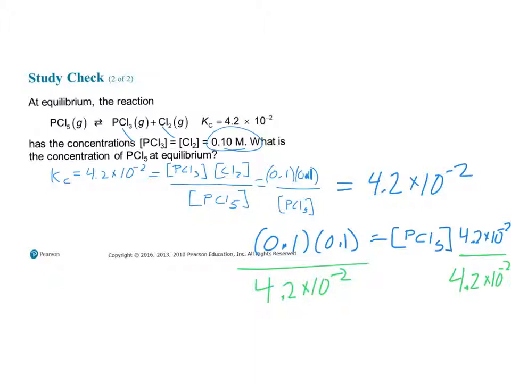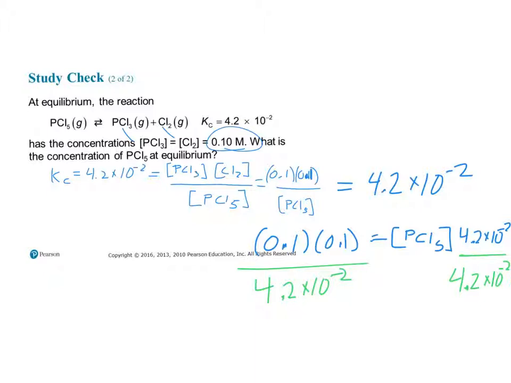And that gives me 0.1 times 0.1 divided by 4.2 E negative 2.